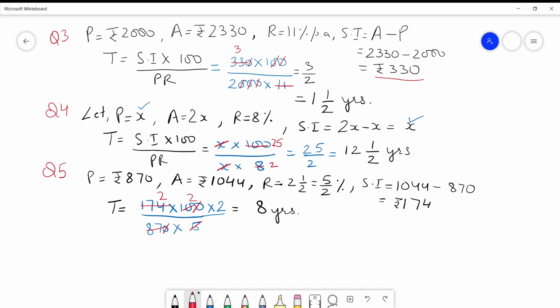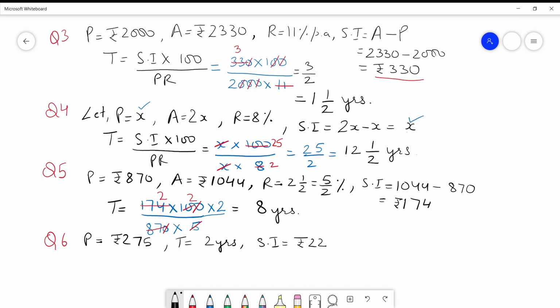Now coming to question number 6. Question number 6 is to find out the rate. And principal given to us is 275, time 2 years, SI 22.